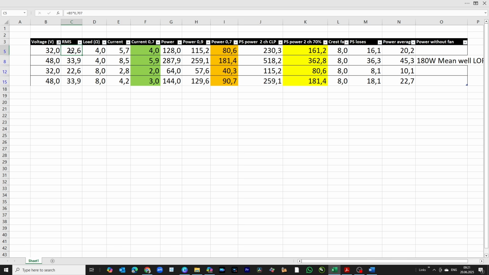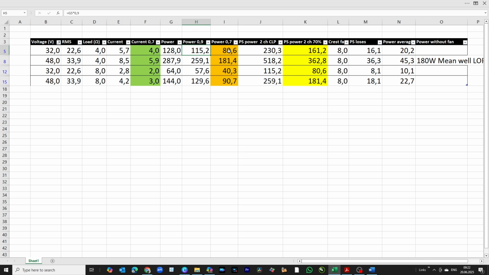So there are voltage and voltage squared. This is C5 by C5 divided by D5. So voltage squared divided by load, and we get a power. Since we are not able to get a 100% result, in reality the amplifier is getting only 90%, so we reduce it by that factor.